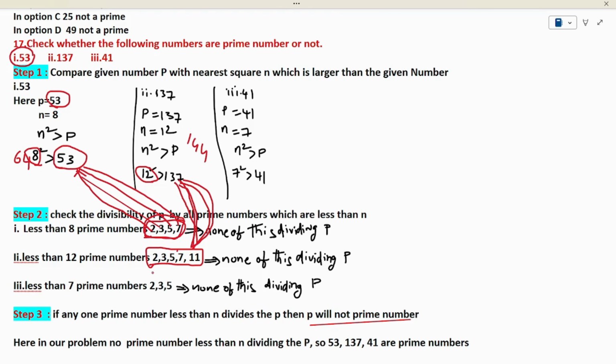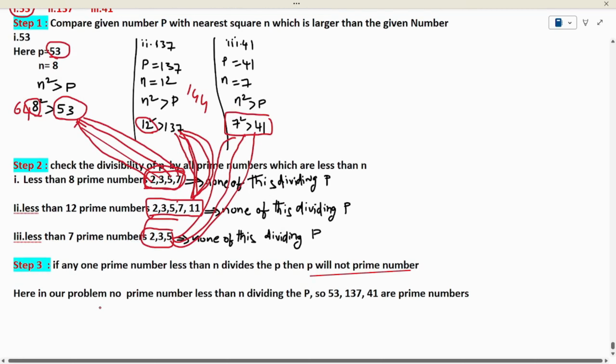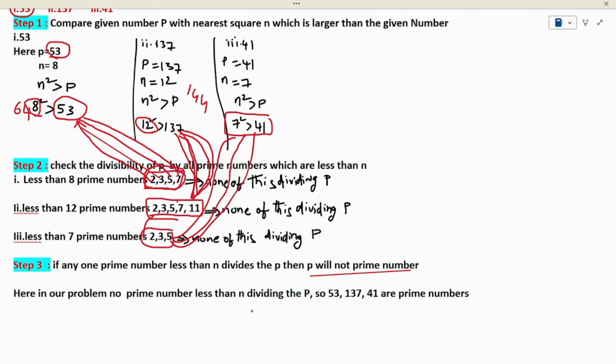If any prime number divides this number, then it won't be a prime number. In this manner, we check whether a given number is a prime number or not. Here in our problem, no prime number less than n is dividing P. So 53, 137, 41 are prime numbers.